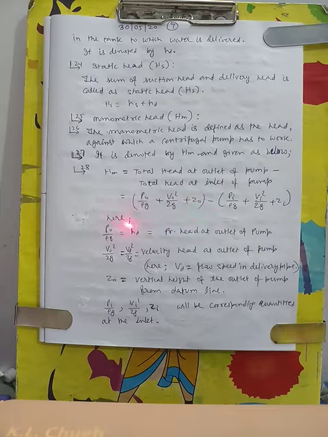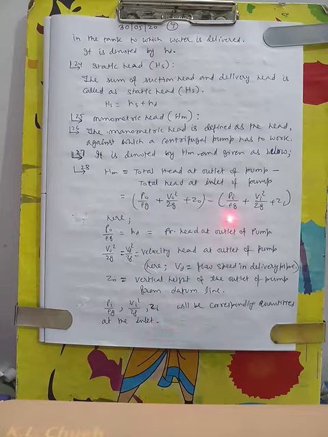This difference is called manometric head, where P0 by rho g is the pressure head at outlet of the pump, and V0 square by 2g, this is the velocity in delivery pipe, so velocity head at outlet of the pump, and Z0 is the vertical height at the outlet of the pump from the datum line.